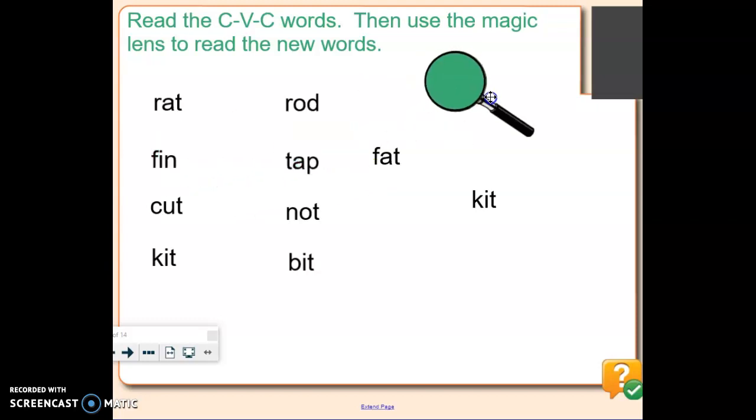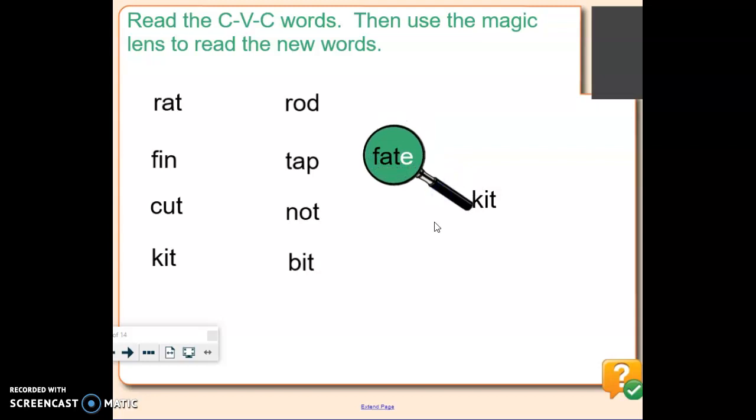I bet you guys can do this one all on your own. What does the word say right now? It says fat. What happens when I add magic E to the end?